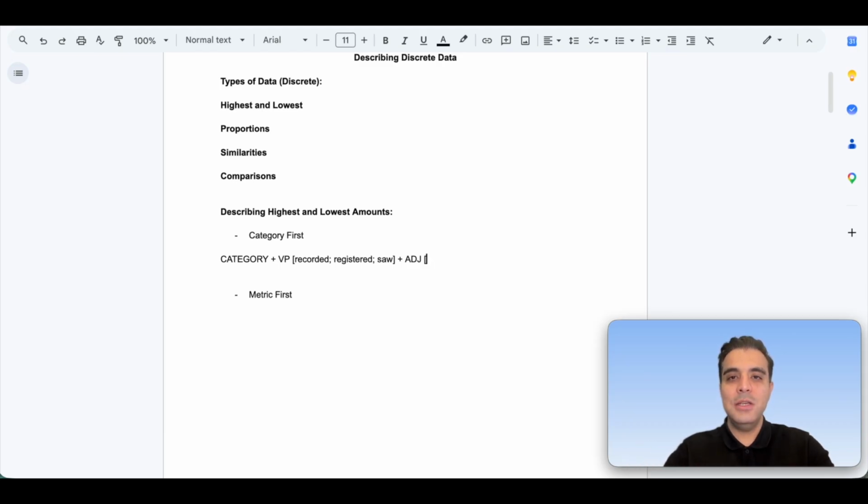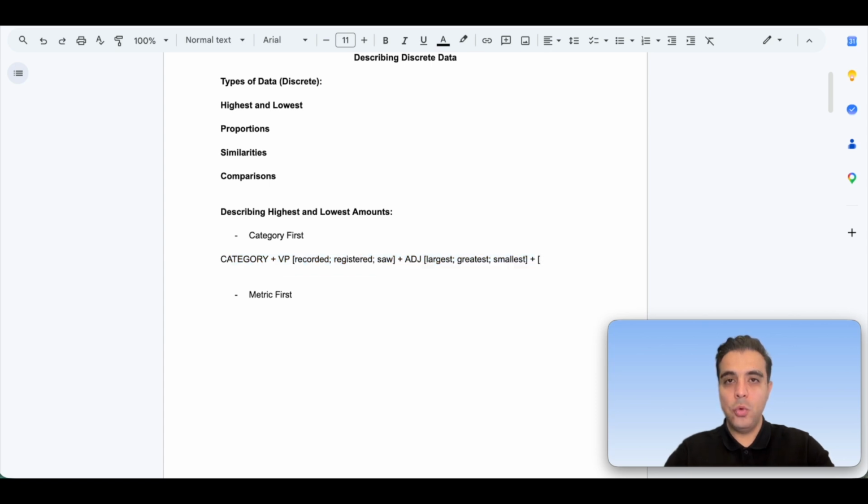And the adjectives that you can use include largest, greatest, or the smallest. So far we have category, a verb, a superlative adjective.